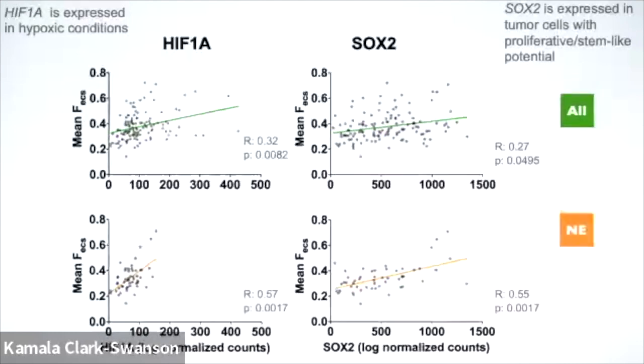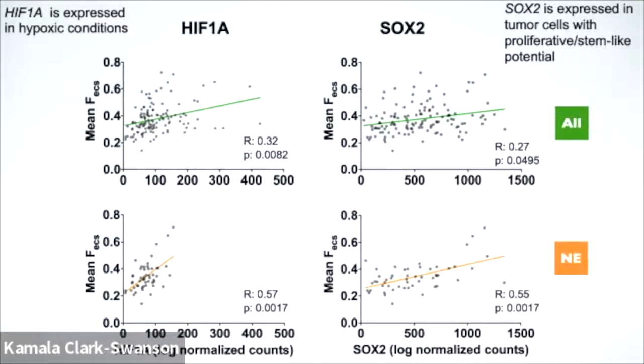In particular, across all the samples, as well as within the non-enhancing samples, we did see a correlation between what we call mean fraction extracellular space in regards with HIF-1 alpha abundance. And so HIF-1 alpha is interesting because it's expressed in hypoxic conditions.